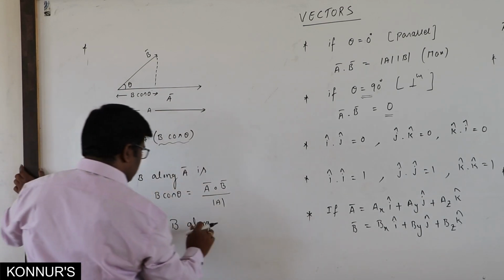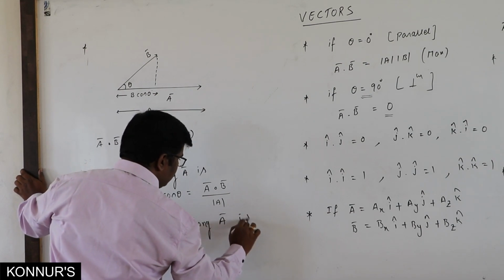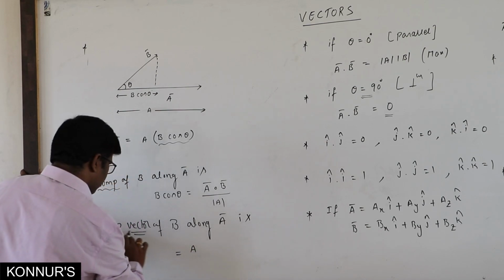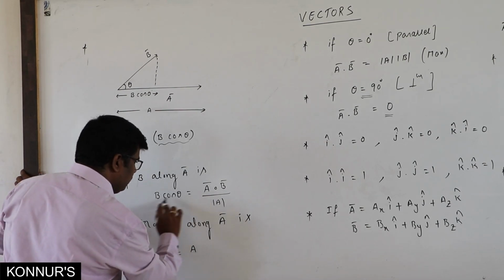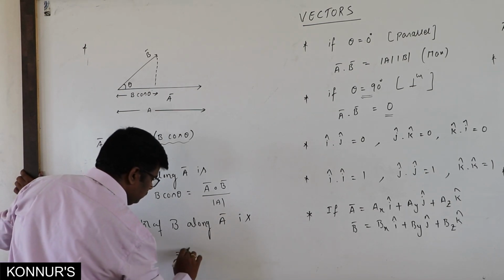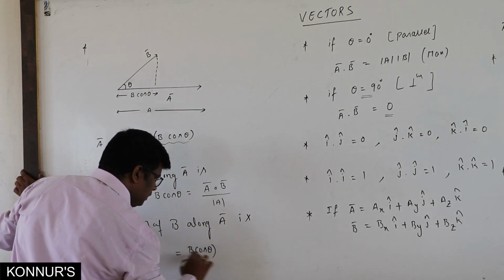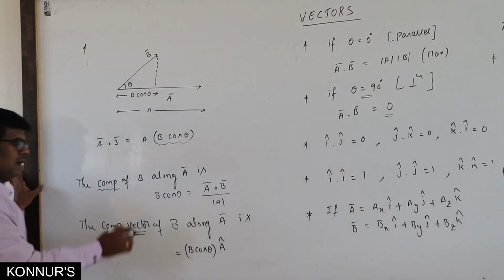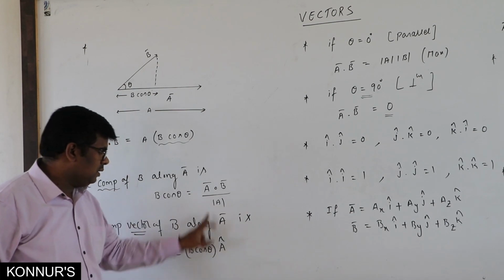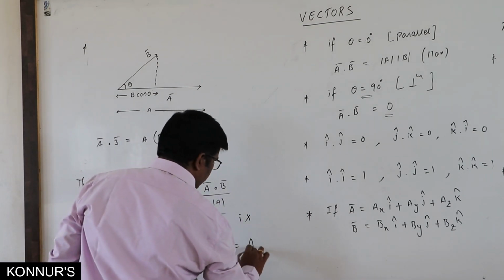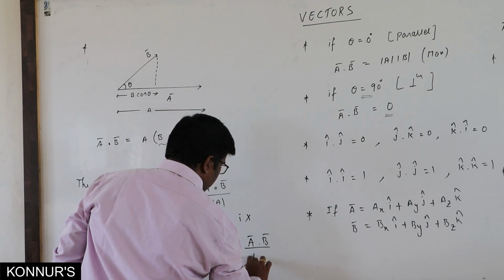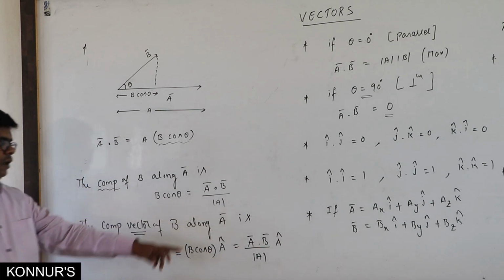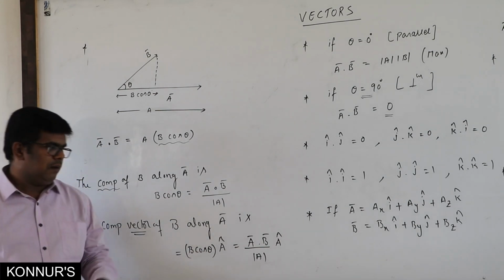So the component vector of b along a bar is b cos theta into the unit vector of a, which mentions the direction. And b cos theta is a bar dot b bar by modulus a, into a cap. So this is the component vector of b along a bar.